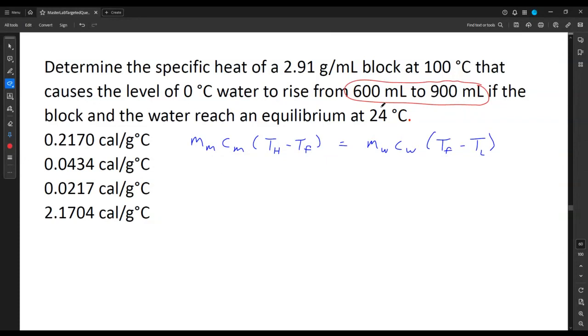I suppose the first easy, obvious information is that this number alone, just the 600, is the original mass of the water. But then we want to think about this difference is going to become the mass of the metal. So mass of the water is just ready, but the mass of the metal is the displacement. That's going to be 900 minus 600, which is a nice clean 300.